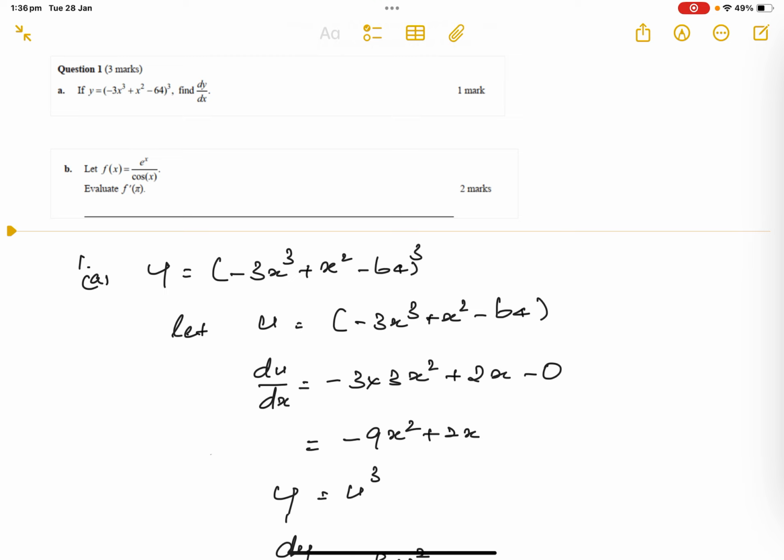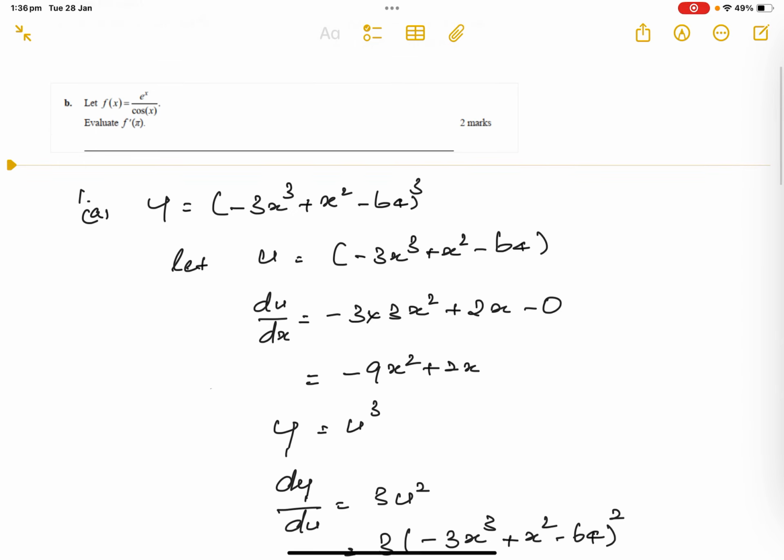This can be done directly without using substitution, but I would like to give a bit more clarification using substitution to simplify the work. So let u equal the one in the bracket: minus 3x cubed plus x squared minus 64 is u.